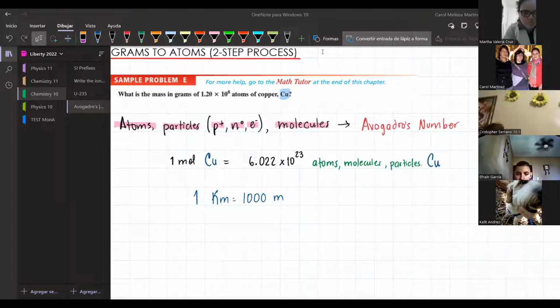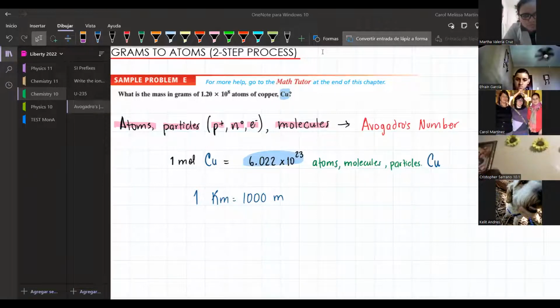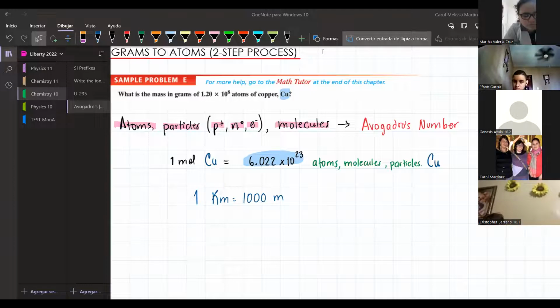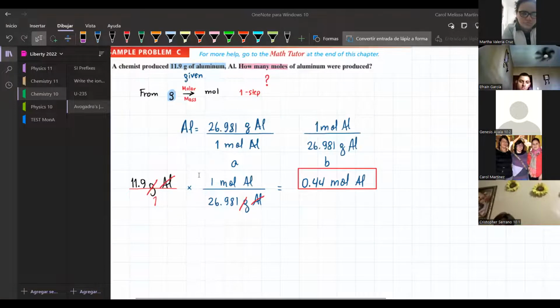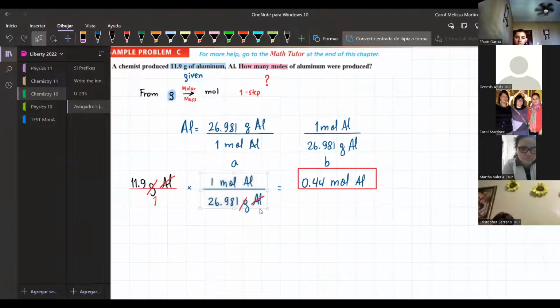Well, in chemistry, we use Avogadro's number, which is this number over here. We use it as a conversion factor. It's a given, okay? It's a conversion factor, like that in 1 kilometer you have 1,000 meters, or like in 1 meter you have 100 centimeters, or like another conversion factor like the molar mass concept, that 1 mole has 26.981 grams of the same substance.